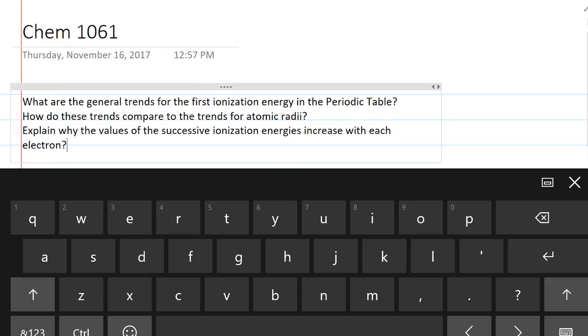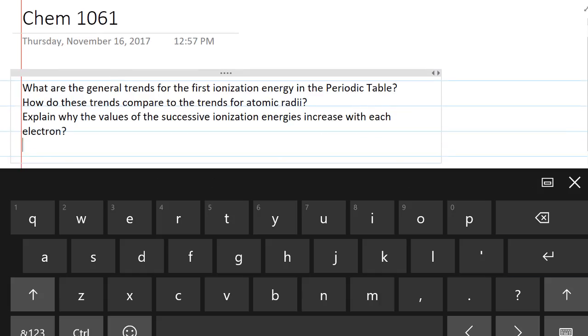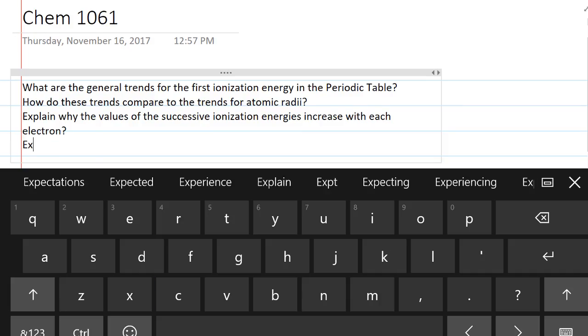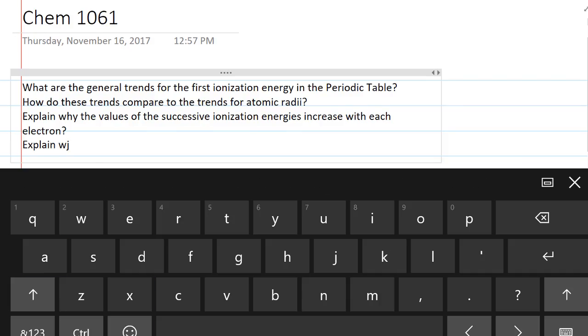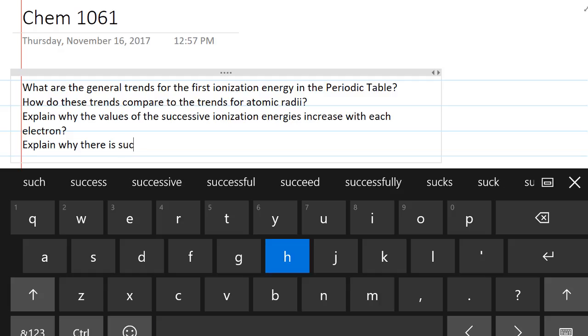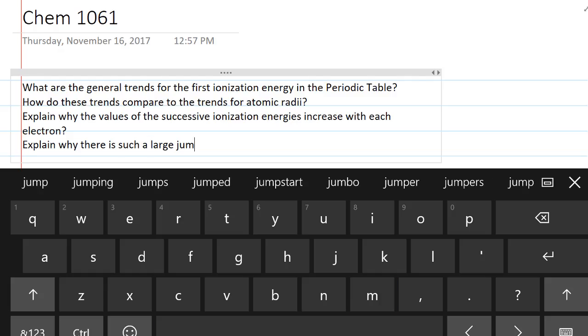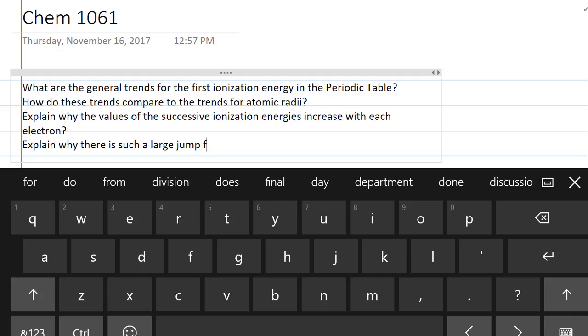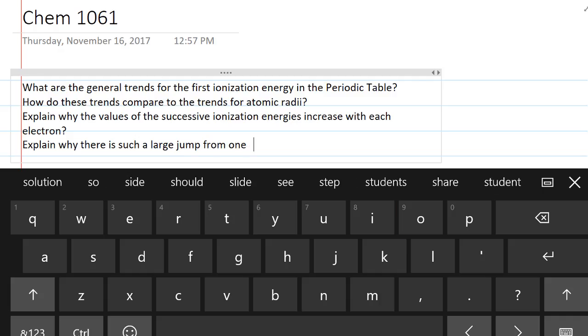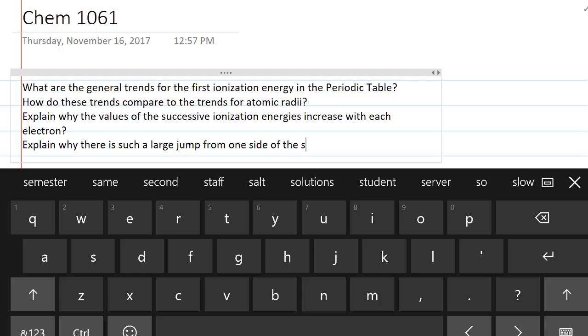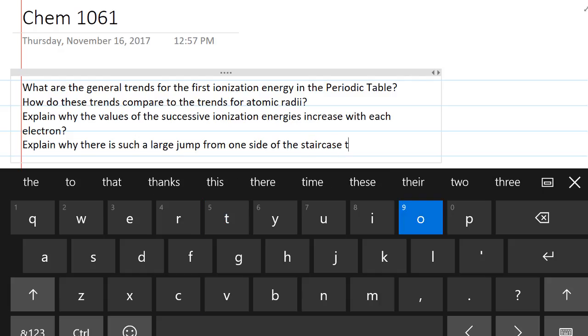All right, and then the last one here would be explain why there is such a large jump from one side of the staircase to the other.